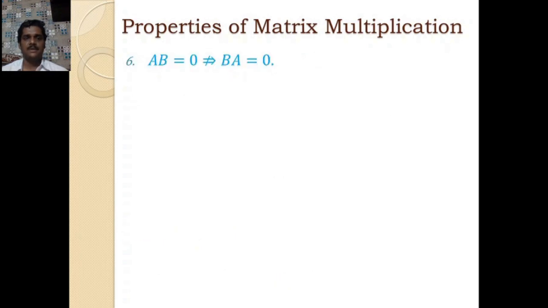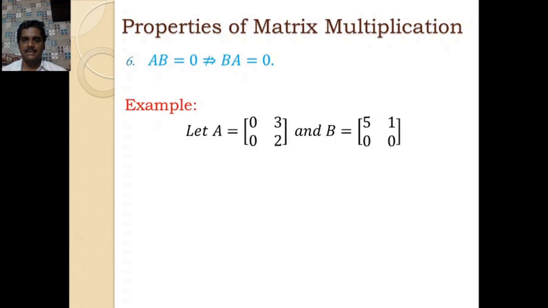Here is the next property, which is again very important. If we have product AB equals 0, that doesn't imply BA will also equal 0. If two matrices multiplying together give you product AB as 0, then from there we can't conclude the product BA will also equal 0. BA may or may not equal 0. Let's see an example to understand this.